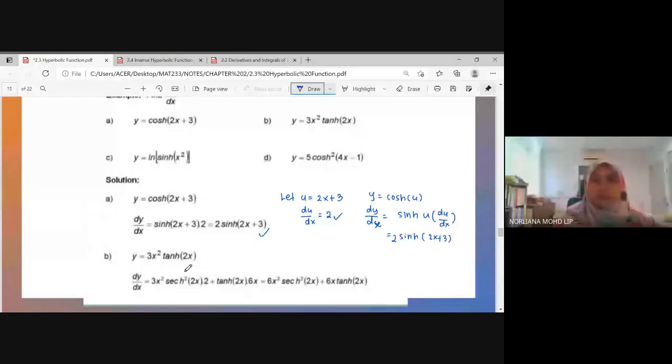Okay, b: 3x square times hyperbolic tangent 2x. Okay, for this one we apply the product rule. There are two functions here, u and v. Apply product rules u and v.